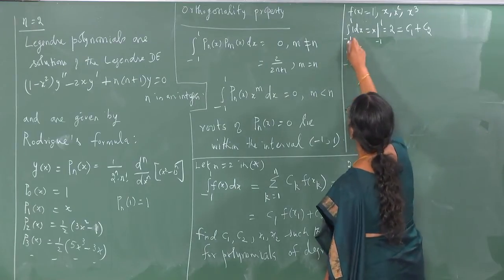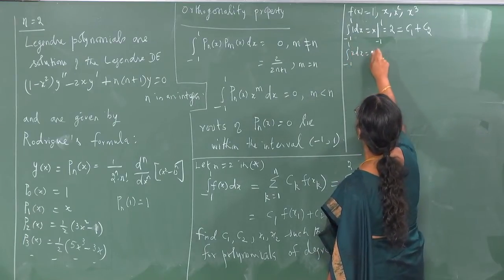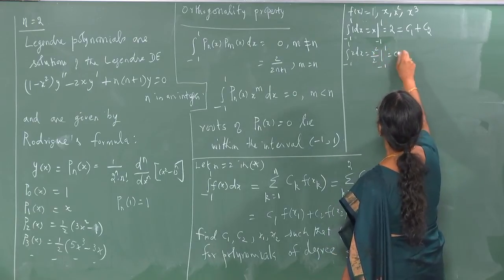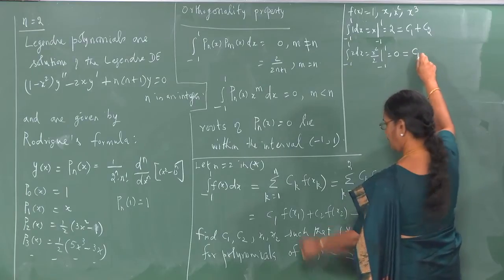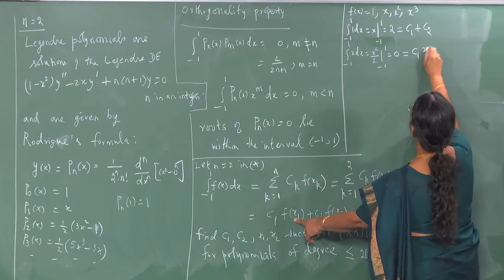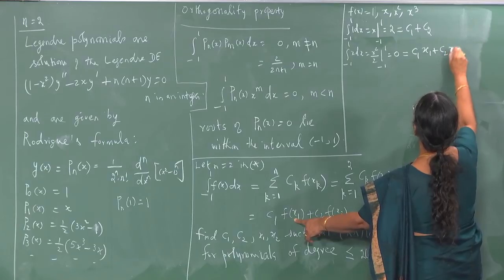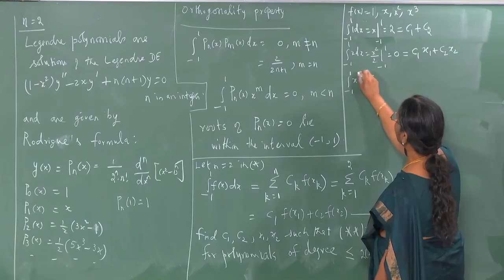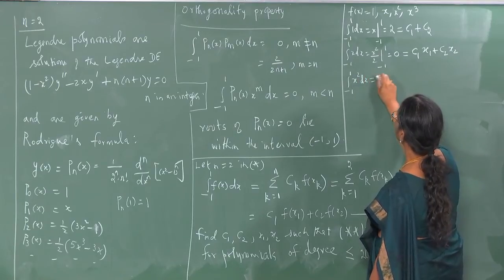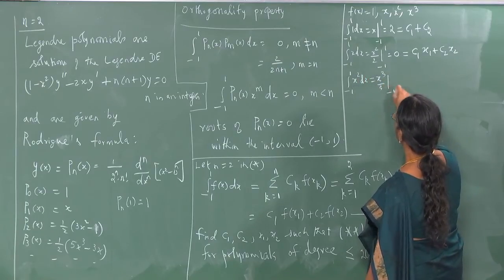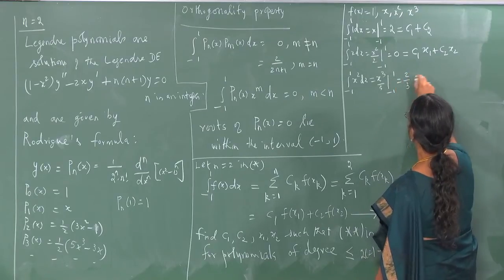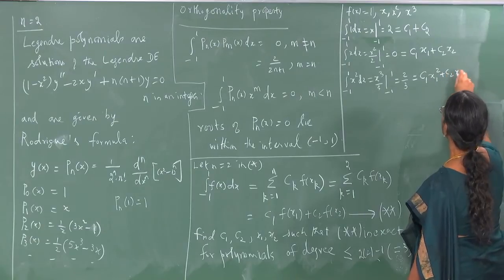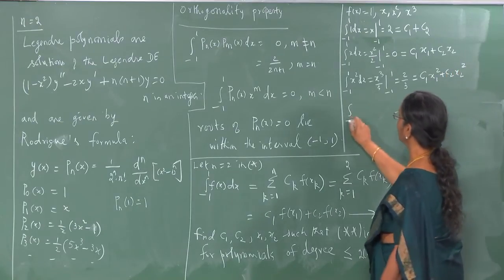Then the integral from minus 1 to 1 of x dx is x square by 2 between minus 1 and 1, and that will be 0, and that will give you c1 into x1 plus c2 into x2. Then the integral from minus 1 to 1 of x square dx will be x cube by 3 between minus 1 and 1. So, that will give you 2 by 3 equal to c1 into x1 square plus c2 into x2 square.